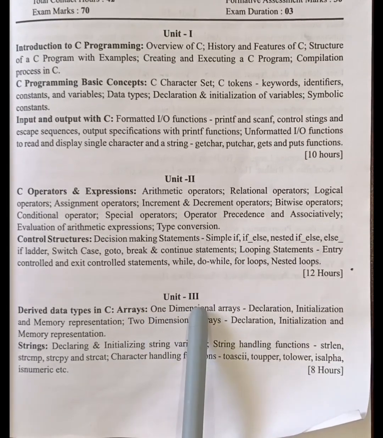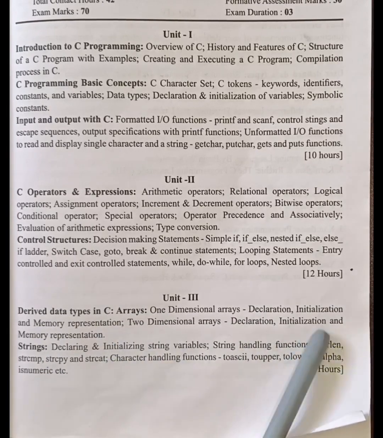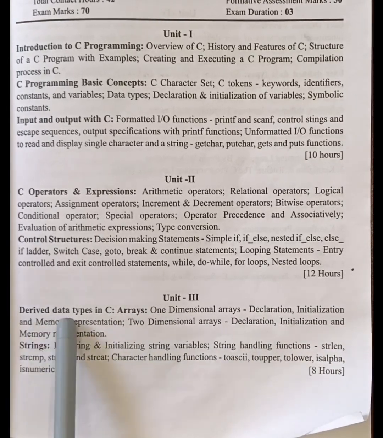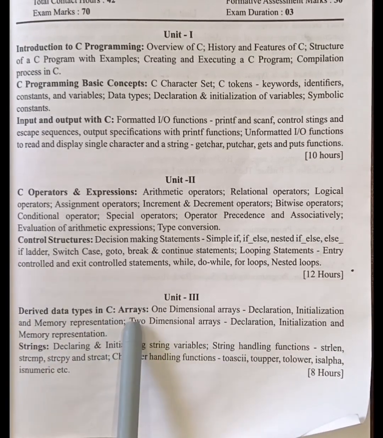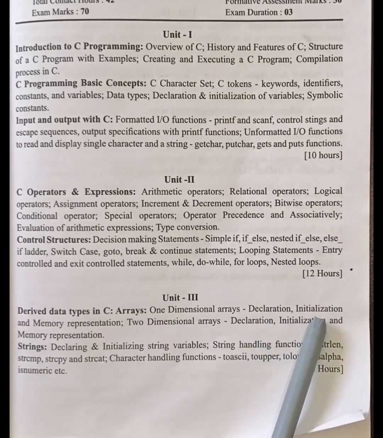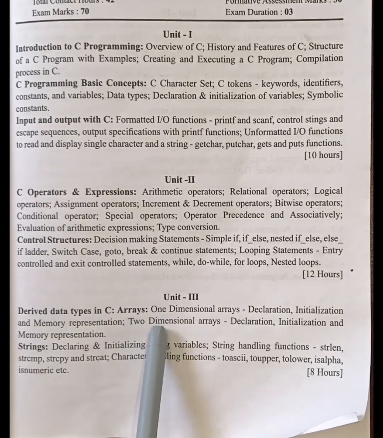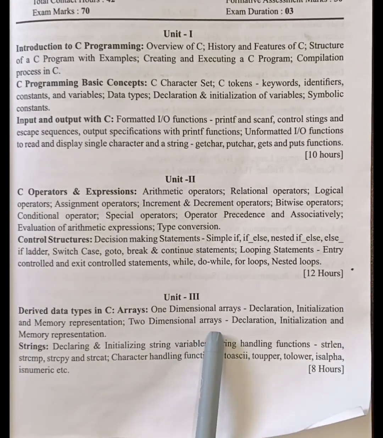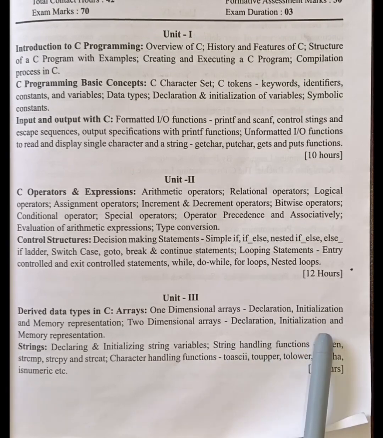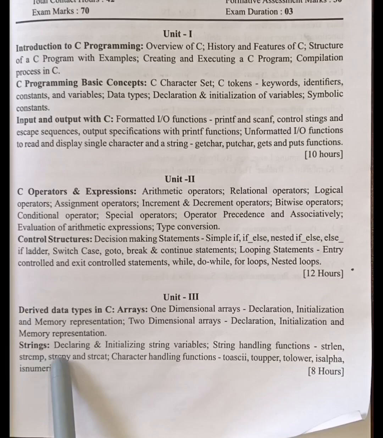In unit 3 you can see again here 2 chapters, that is derived data types in C and strings. The first chapter will be derived data types in C. In that you can see various topics like arrays. In it we can see one-dimensional arrays, declaration, initialization and memory representation, two-dimensional arrays, declaration, initialization and memory representation. In second chapter you can see strings.